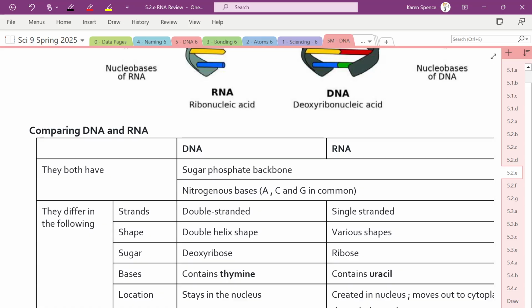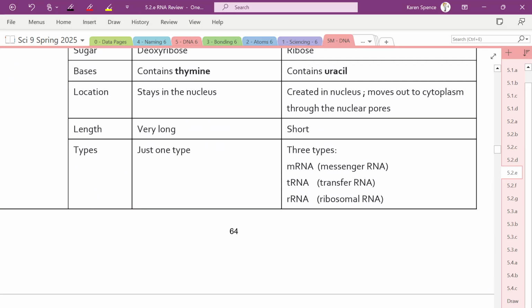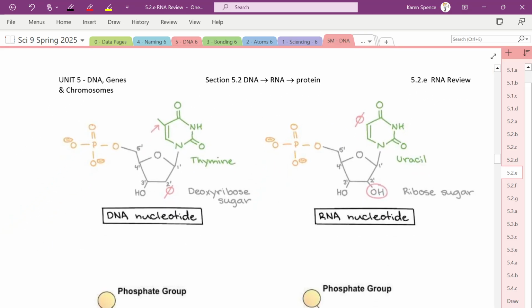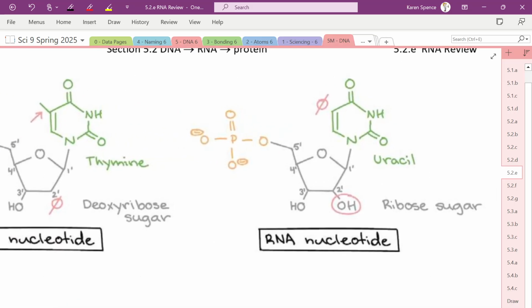This is just a table. I will let you read it because we haven't said anything different here. If you're really into it, here's a DNA nucleotide. And if you're wondering why this one is named deoxy, which means no oxygen, or unoxygenated, and this one doesn't have that, take a look right here.